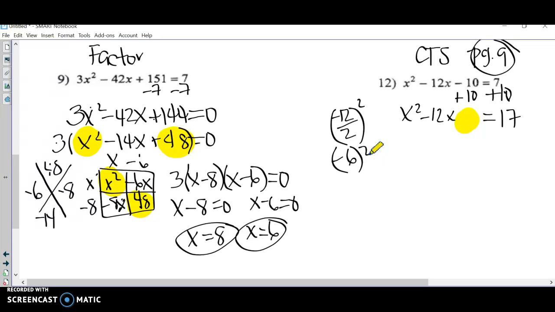A negative 6 times a negative 6 would give me a positive 36. So that means I am adding 36. That's me completing the square. And if I add it to one side, I have to add it to the other side as well. So then on the right side, I'm going to do 17 plus 36, which is going to give me 53.